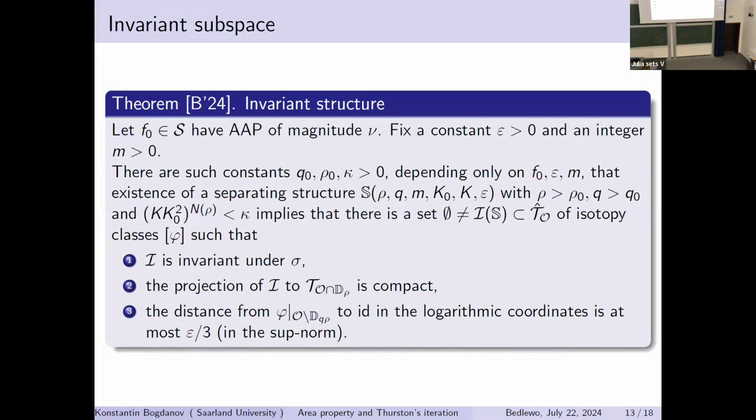the projection of the set to the Teichmüller space based on the marked points only inside of D rho is compact, and outside of the disk D rho, our representative phi is sort of stable. So there's almost nothing happening near infinity. I would like to say that this result is not only about escaping dynamics, as you see.